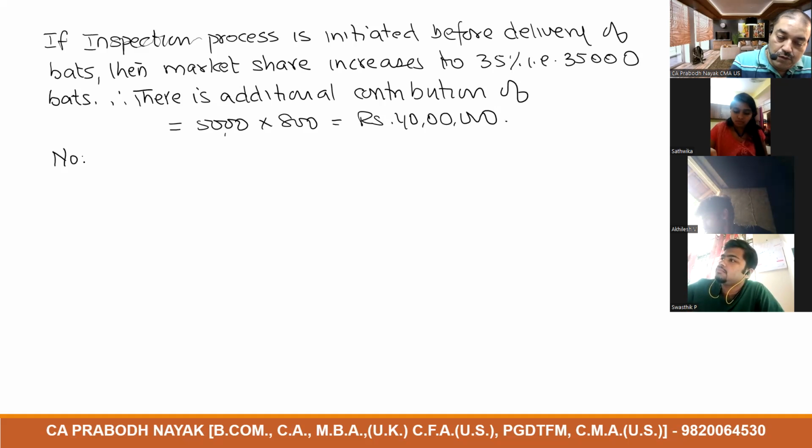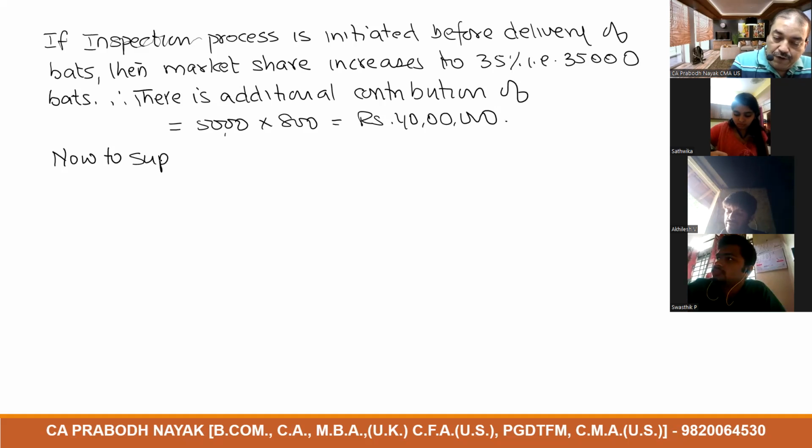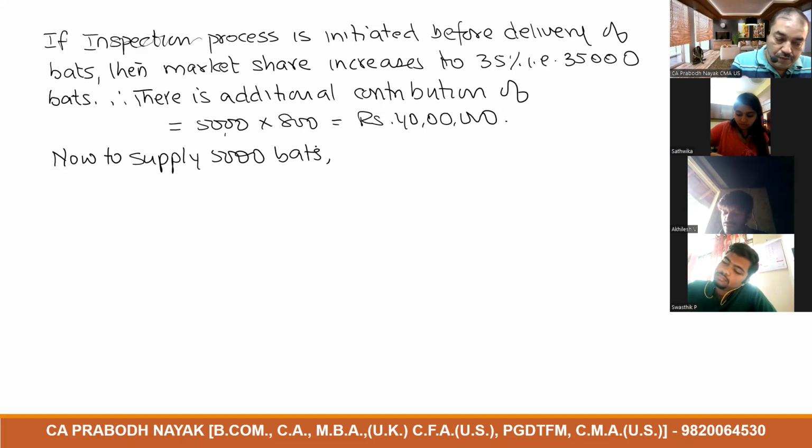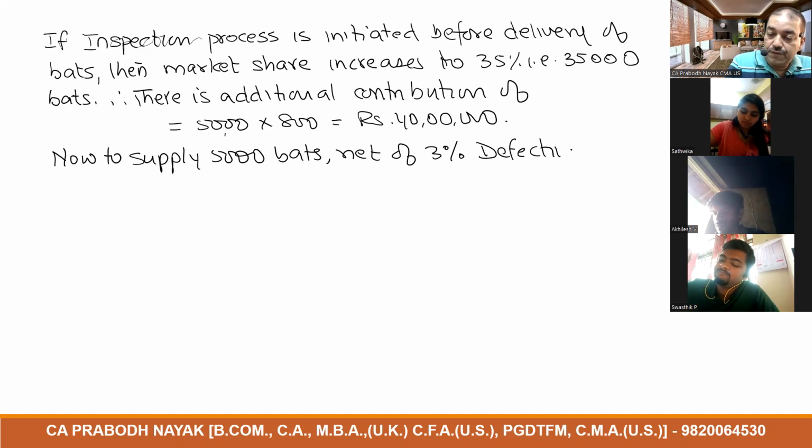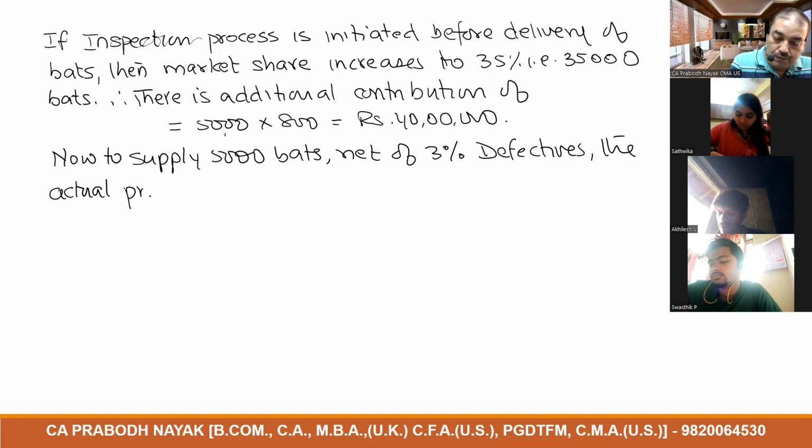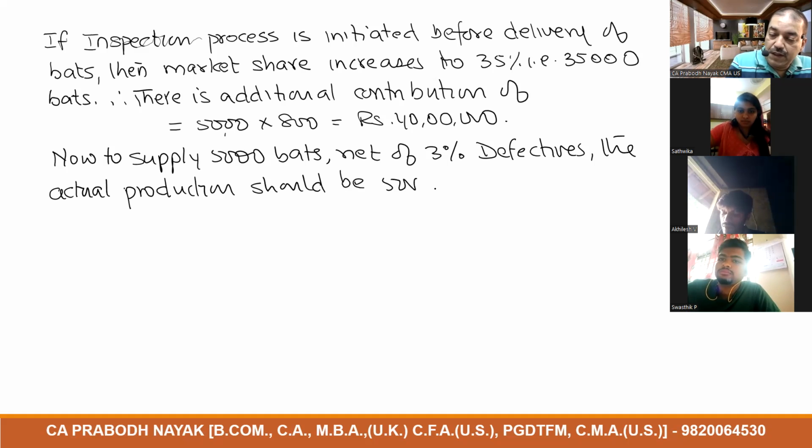Now, to supply 5,000 bags, net of 3% defectives, the actual production should be 5,000 divided by 97%. That is 5,155.